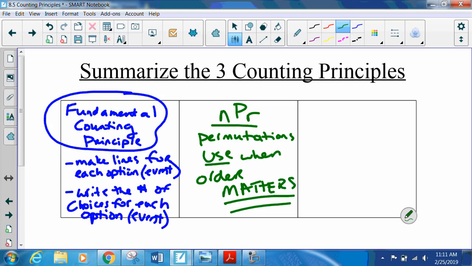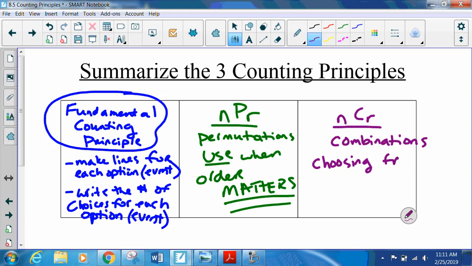And then lastly, we have the NCR, and we call those combinations. They're also when we are choosing, just like with NPR, we're choosing from a group. So we use this when we're choosing from a group, and order does not matter.